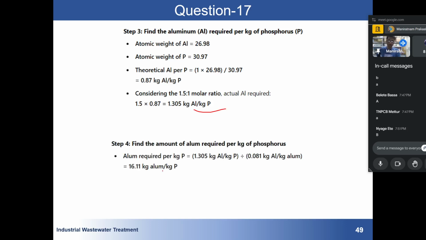So we just divide those two values: the amount of aluminum required per kg of phosphorus divided by the amount of aluminum produced per kg of alum. That gives 16.11 kg of alum per kg of phosphorus.